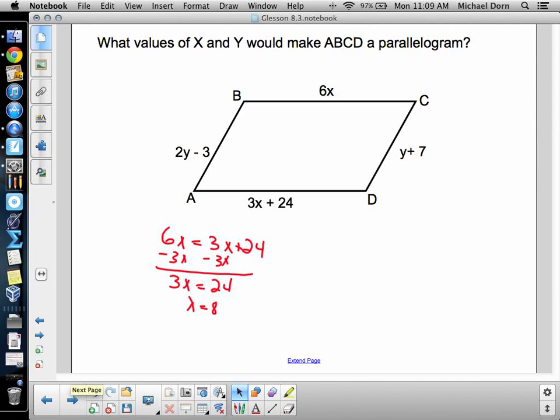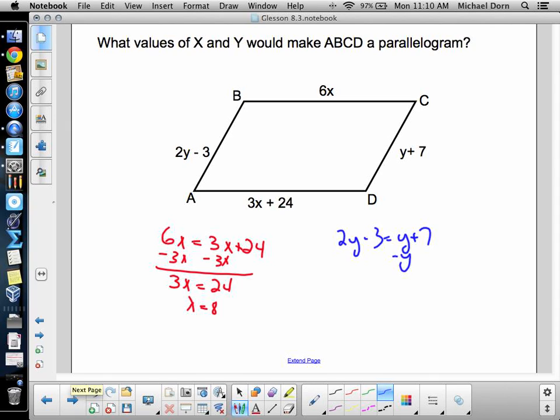Only when x is 8. How about for the y's? What's the equation? So again, fairly simple. Subtract the y, add the 3, I get y equals 10. So when x is 8 and y is 10, then this shape is a parallelogram. Any other values, it's not going to work.